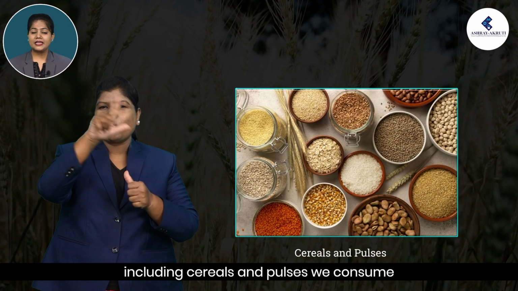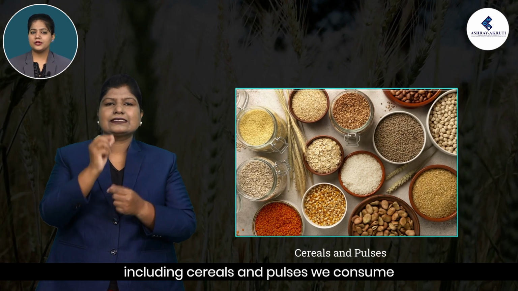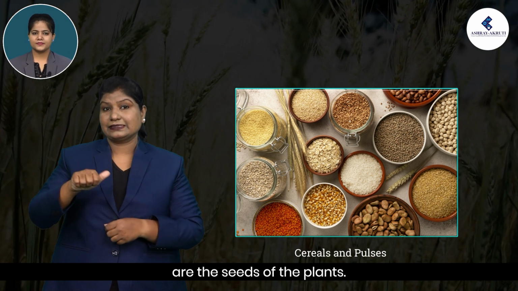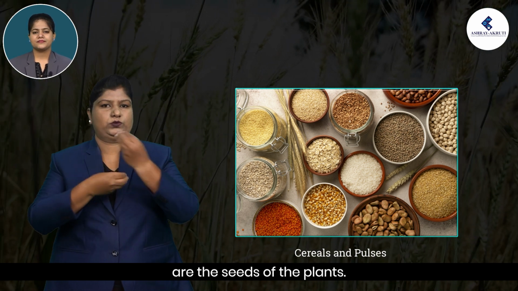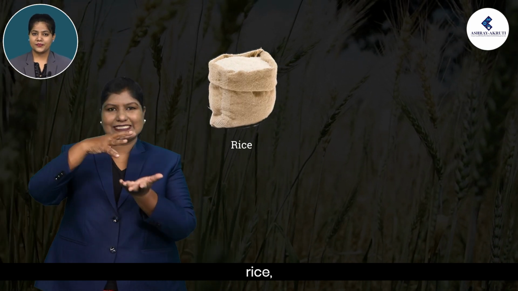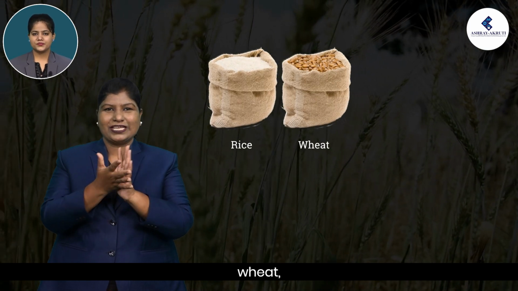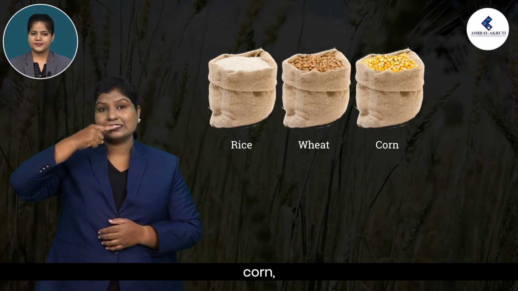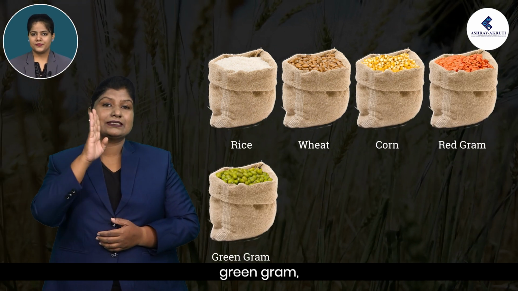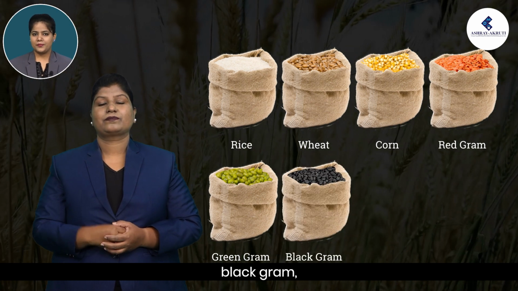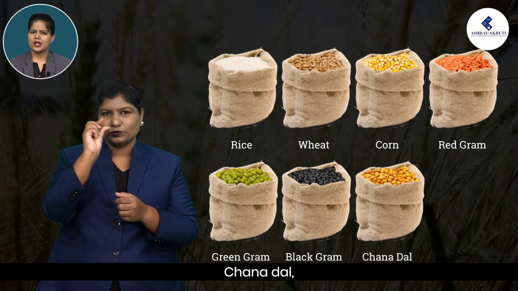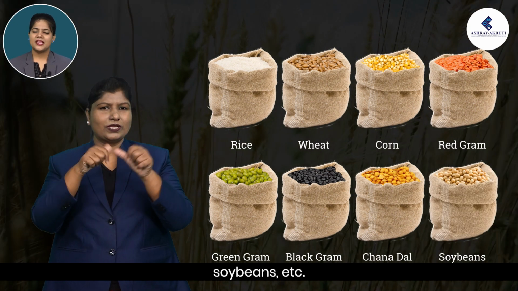All grains, including cereals and pulses, we consume are the seeds of the plants. Examples: rice, wheat, corn, red gram, green gram, black gram, chana dal, soya beans, etc.